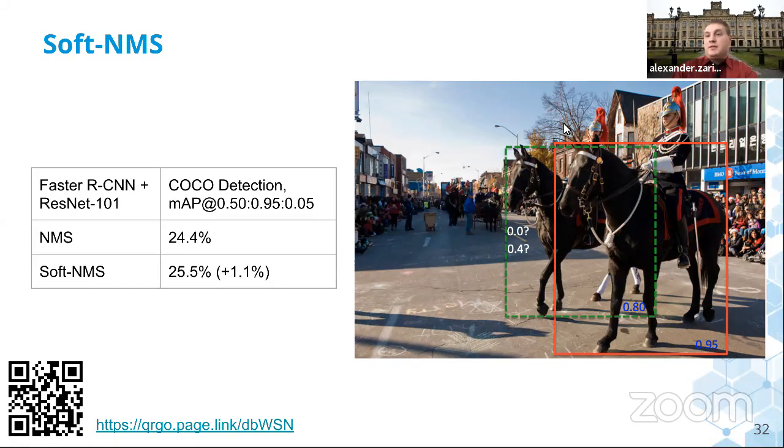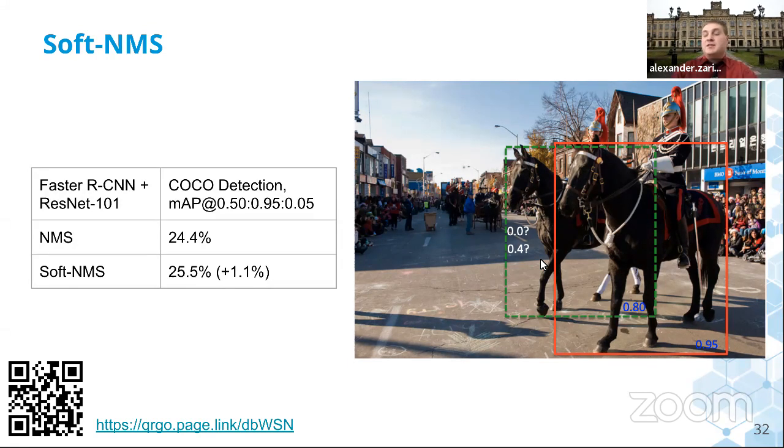As we can see in this image, assume that we have two predictions of two horses standing close to each other. When we simply apply the NMS algorithm, the second horse, which has a lower confidence score, will simply disappear. But as we all understand, this is a pretty good detection. And if we find some way not to remove this prediction, but to reduce its score, we may come up with a much better post-processing algorithm.